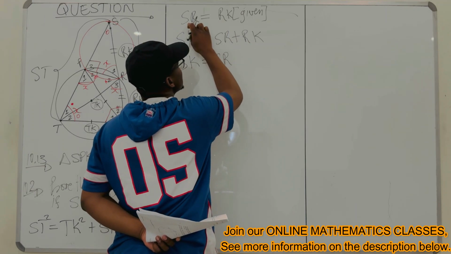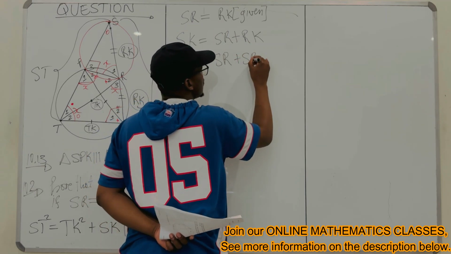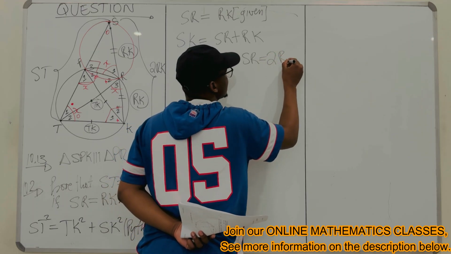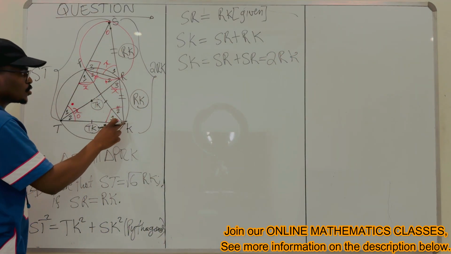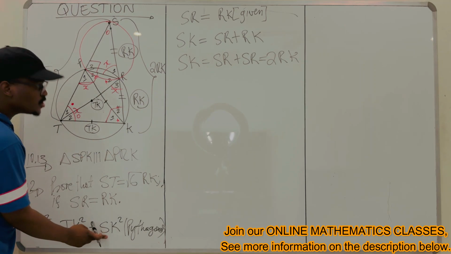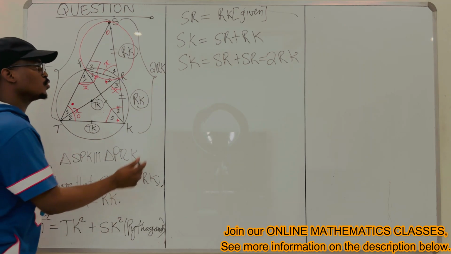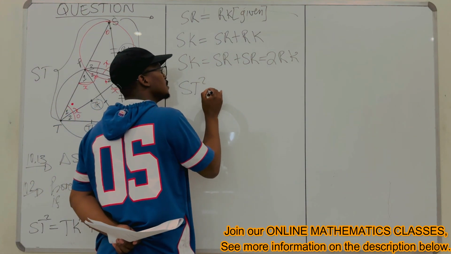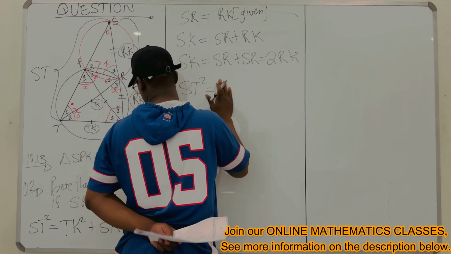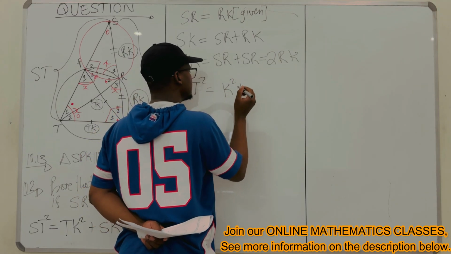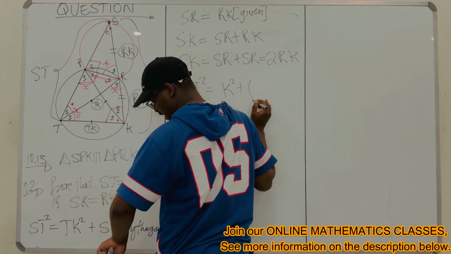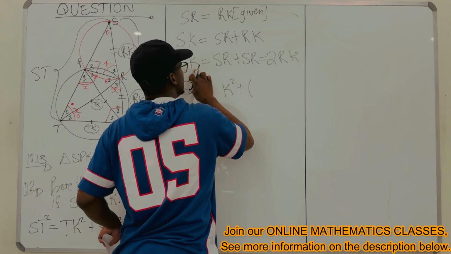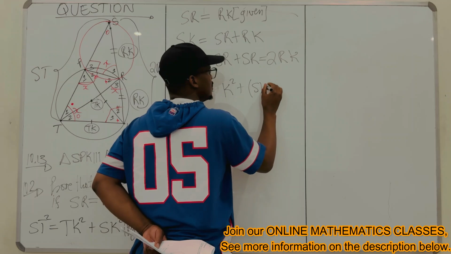But RK is the same as SR, so plus another SR. Which is why I said it was 2RK. So which is what I have here. So SK is equal to 2RK, which means here you can put 2 RKs. So which means your ST squared is equal to TK squared plus SK squared. But you know your SK. SK is this.